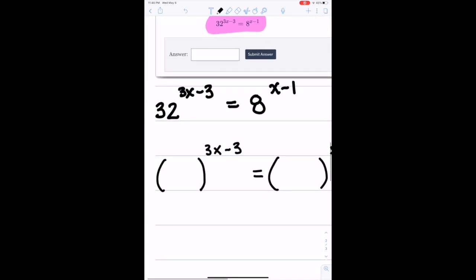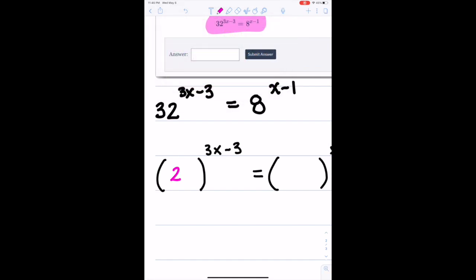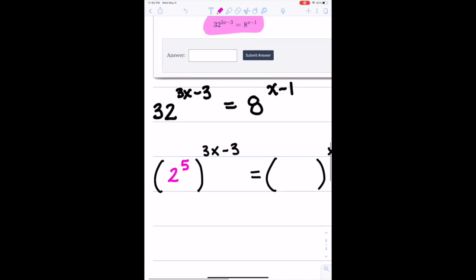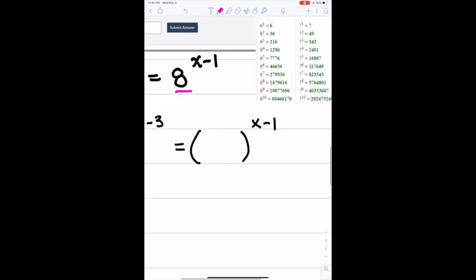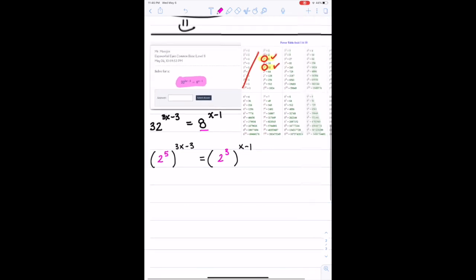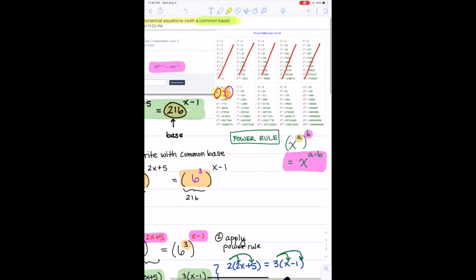So I'm going to come back over here and write 2 to the 5th power. And then another way of writing 8 is 2 to the 3rd power. Okay, so now you notice that you have a common base. So that's what we meant by the title, which was a common base.